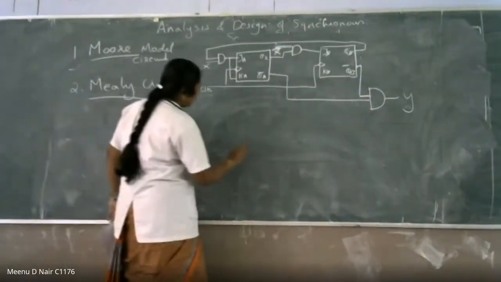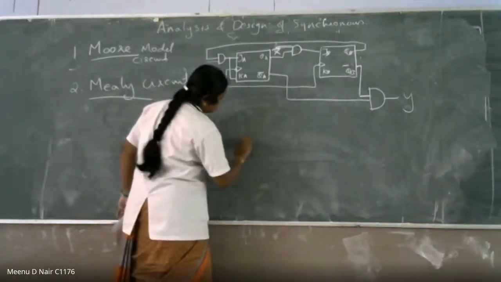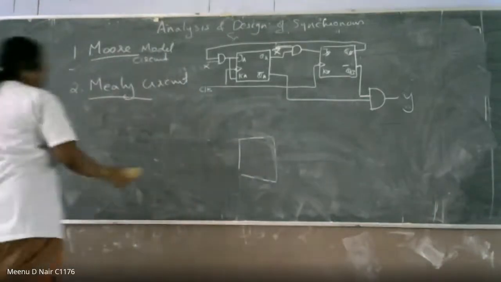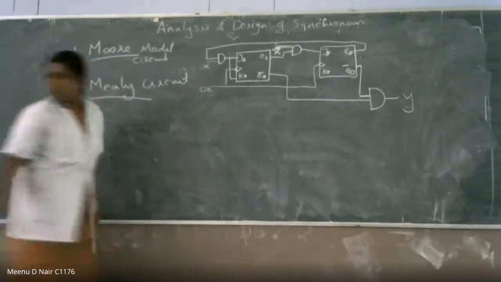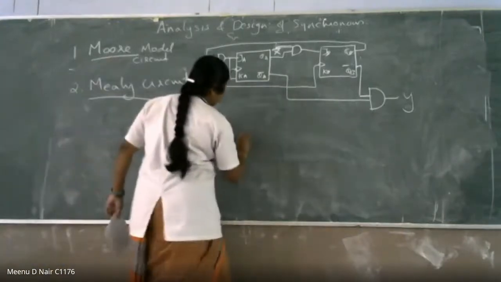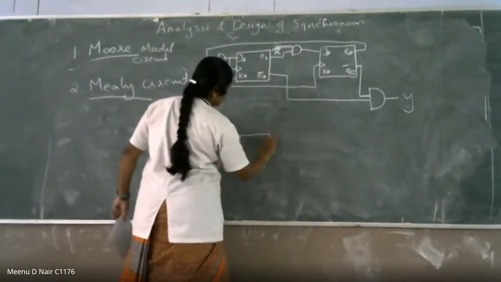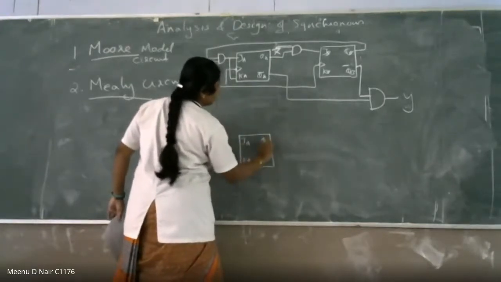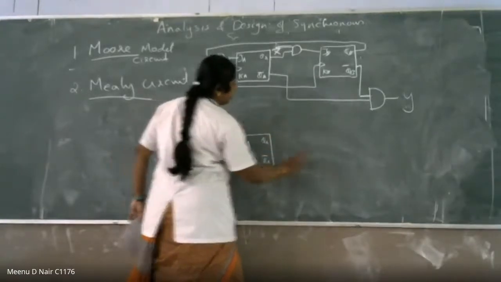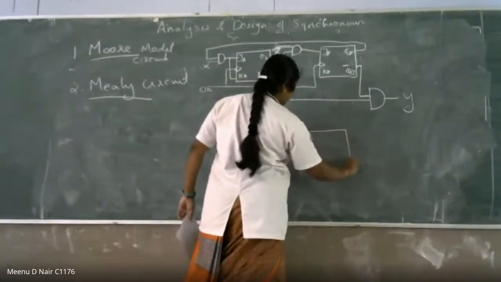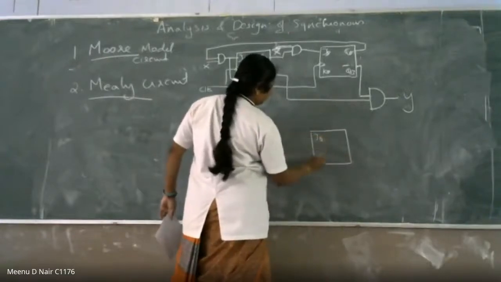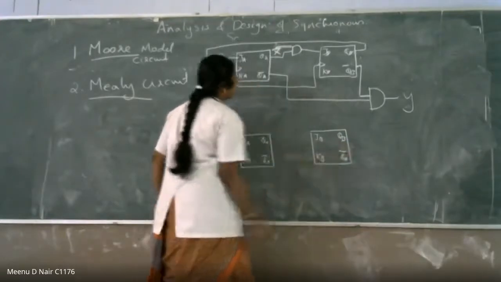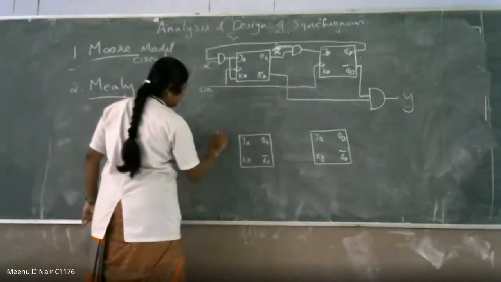One more thing I am going to draw here. That is one more circuit. The same circuit with a slight difference. JA, KA, this is QA, QA bar, this is JB, KB, this is QB, QB bar. So the input will be same.